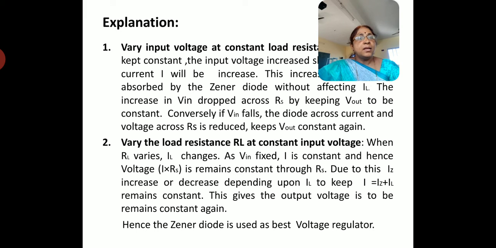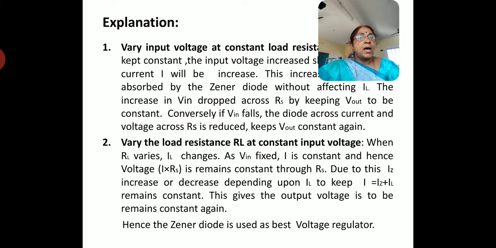As RL decreases, IL increases. And if we increase the value of RL, then IL decreases. As V is fixed, the main current I is constant, and hence the voltage across the resistance, that is the multiplication of I into RS, remains constant throughout RS.